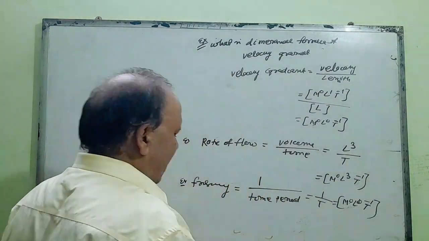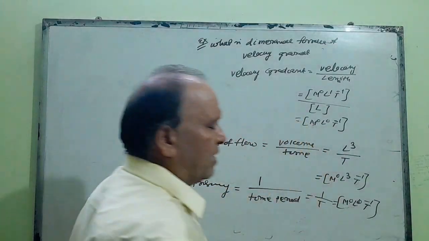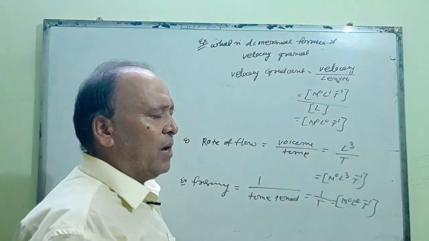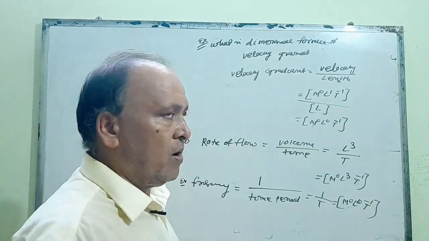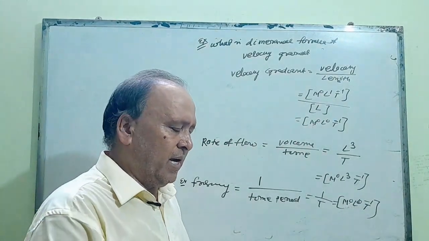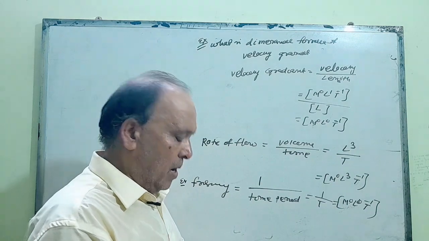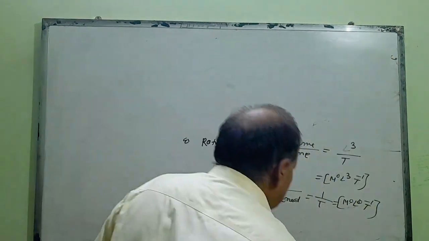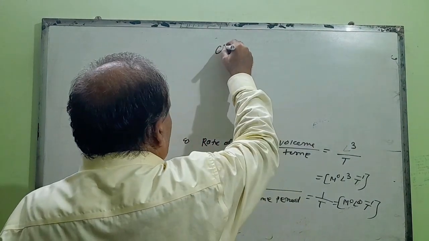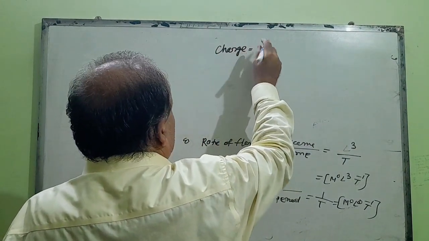So there are many physical quantities like this whose dimensions or dimensional formula or dimensional equation you have to find by yourself. In every class I will do some problems, but I am doing another problem here. First you see charge. What is the dimensional formula for charge?